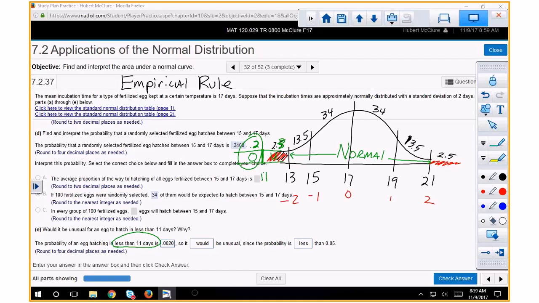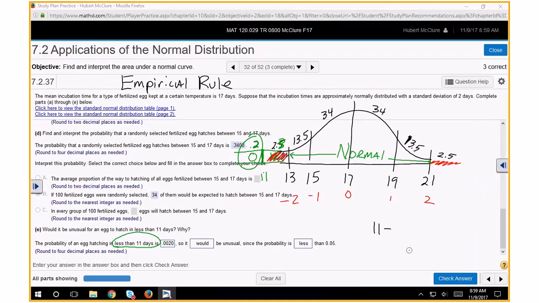Well, that's something I would do. So 11 minus what? 11 minus 17 over 2. That's equal to what? Negative what? 6 over 2, which is negative 3. All right, somebody get negative 9999 to negative 3 in your calculator. What do you get? The 0.2%.